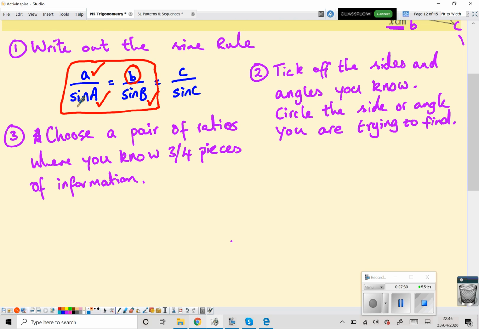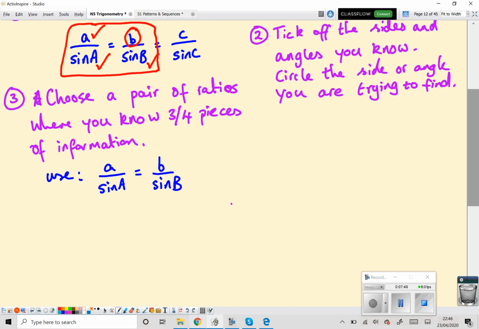So that means I can solve this for B. So choose the pair of ratios, and what I would do is just write that out again. A over sine A equals B over sine B.